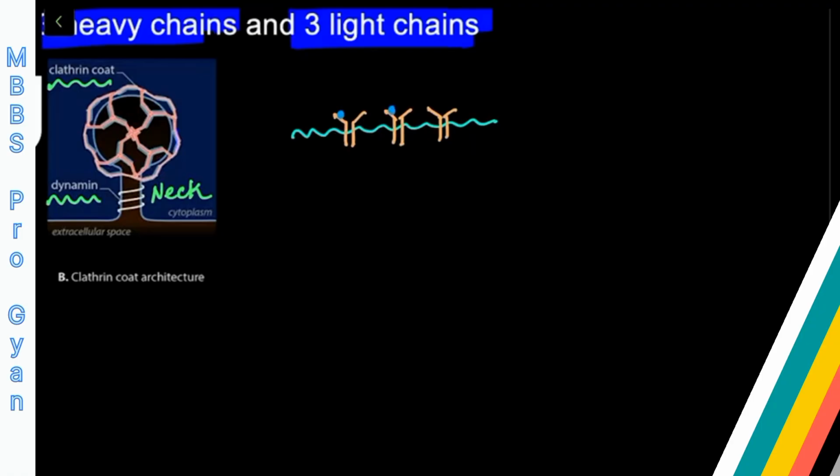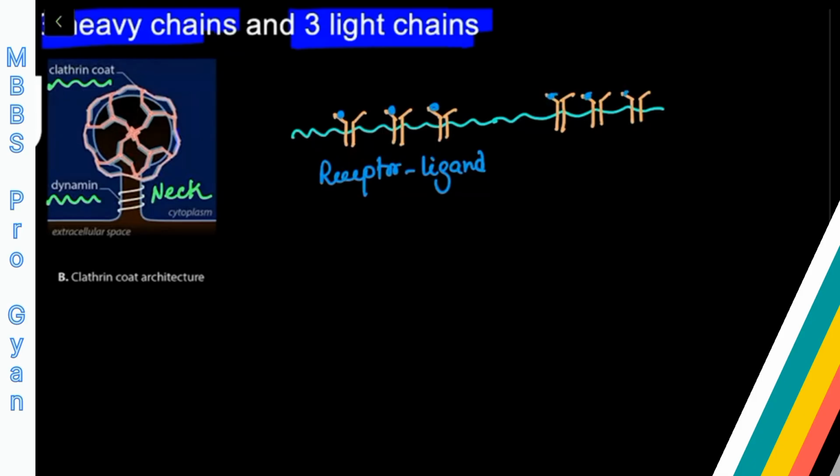Whenever a ligand is attached to this receptor, we get a receptor ligand complex. What will happen? This receptor will aggregate at a narrow area on the membrane.